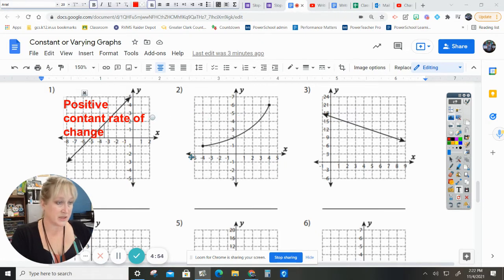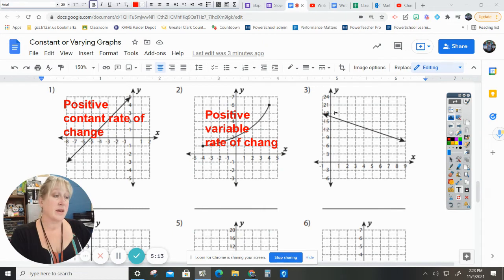This one is positive variable rate of change. This one appears to be a straight line, so that means it is constant rate of change and negative.